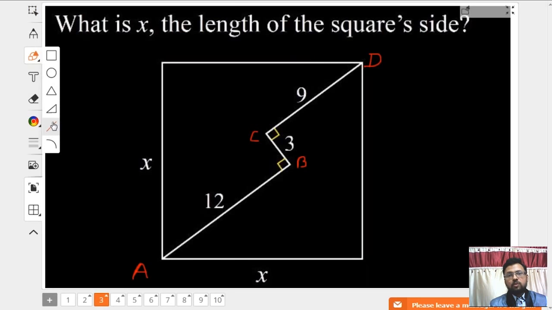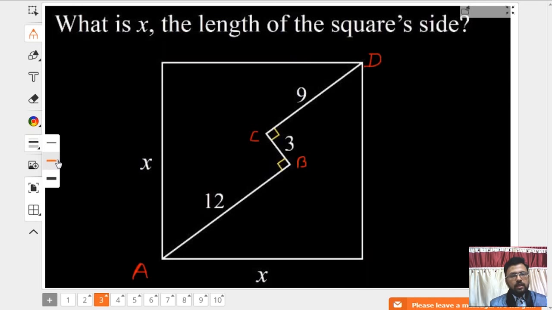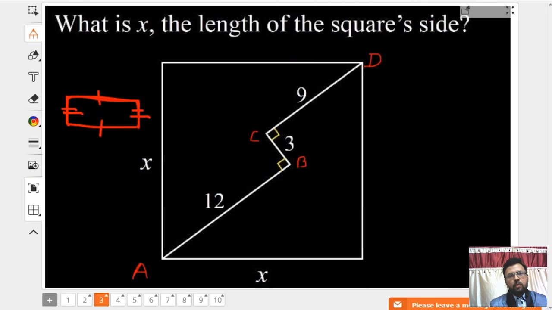Let's make one small construction. See if you are able to get the construction that I am making. We are going to construct a rectangle. What is a rectangle? A rectangle is a figure where the opposite sides are equal. This is equal to this, this is equal to this.